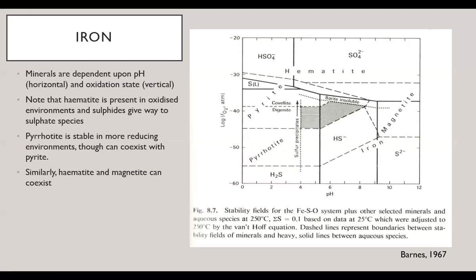So higher, in negative numbers, higher oxygen fugacity means it's a more oxidizing environment. Therefore, we will stabilize things like hematite. There's no magnetite on there, but at more reduced environments, we'll get things like pyrite and pyrrhotite.